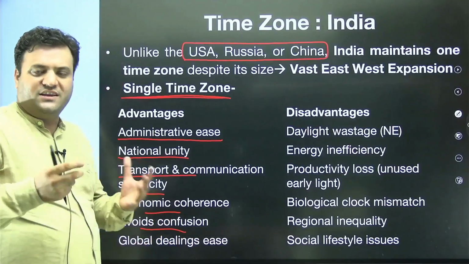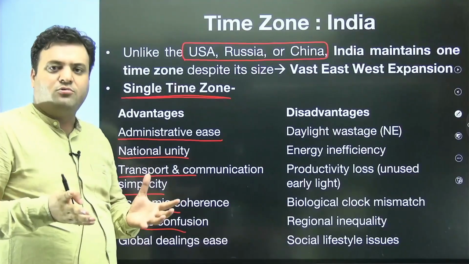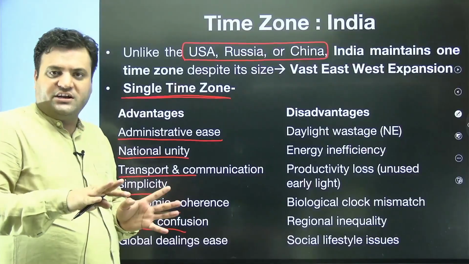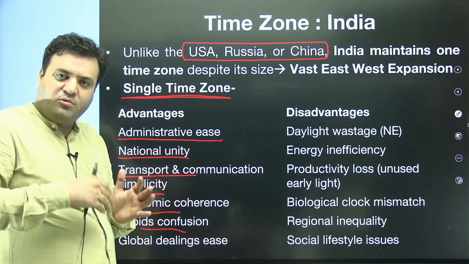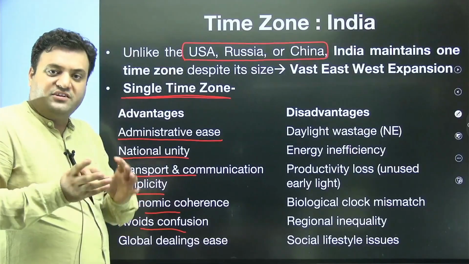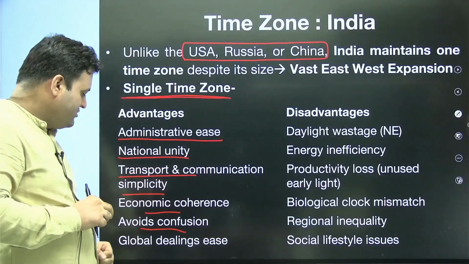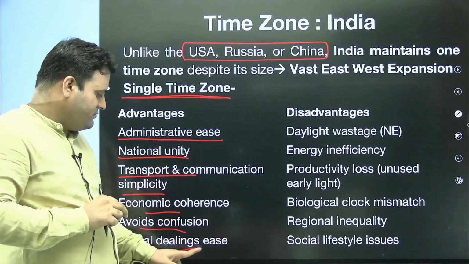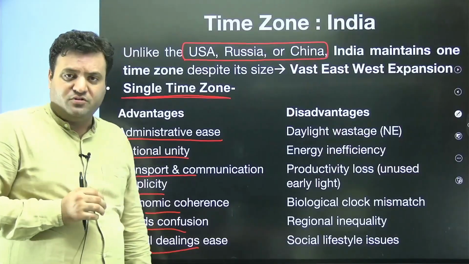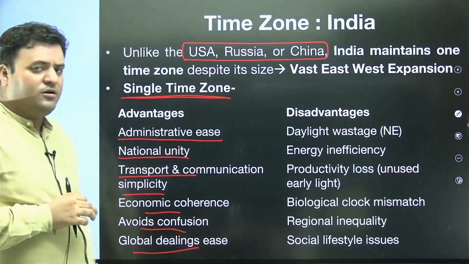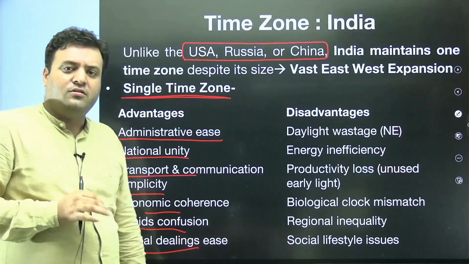Means if there is a single time zone, you need not adjust your clocks. If you are in Russia, you have to adjust your clock. If you are traveling by train, you have to adjust your clock. When the time zone is changing, you have to adjust your clock. So in global dealing, especially import and export, it's very easy to have some sort of ease of convenience.